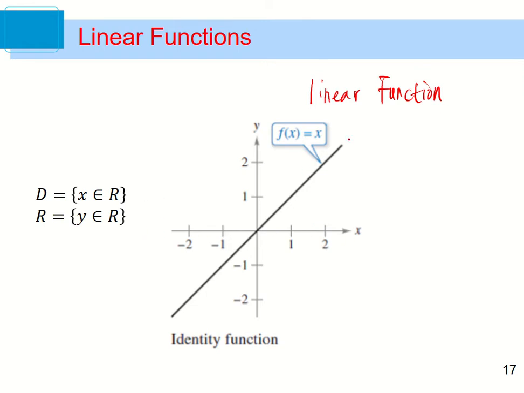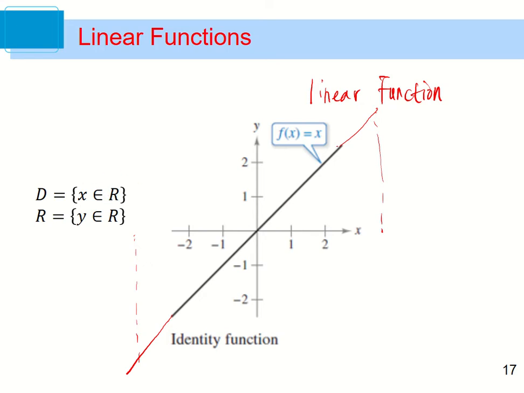If the domain is not defined explicitly, it means the domain is not specially defined, then x can be any value, as long as we can extend the line. In this case, x can be any real number. So the domain: x is a member of the real numbers.